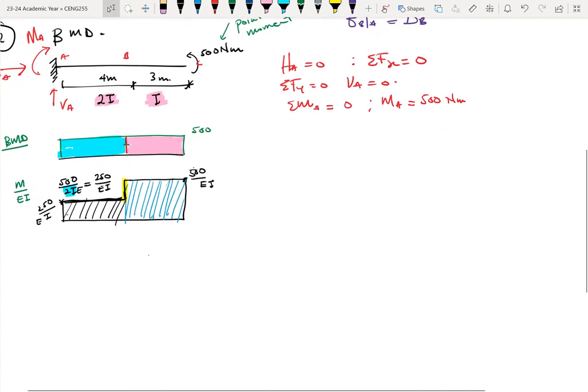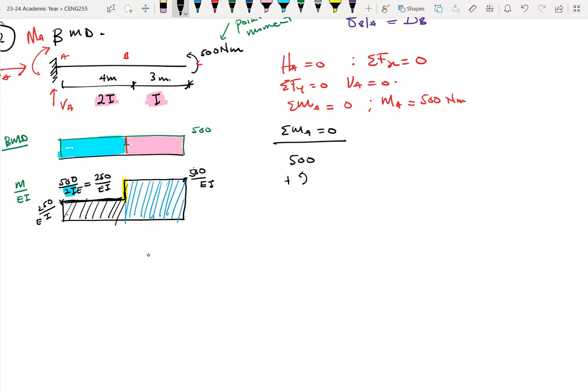Finding the moment at A. If you sum moment about A to be equal to 0, it becomes 500, which is counterclockwise. So I can make that one positive. So counterclockwise is positive, plus MA, where MA is clockwise. Right. So that will be negative.